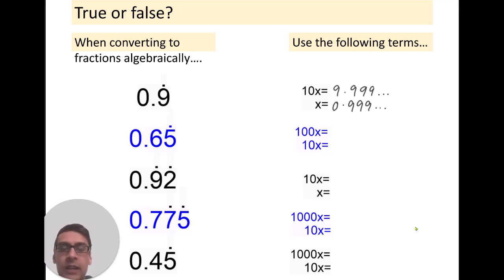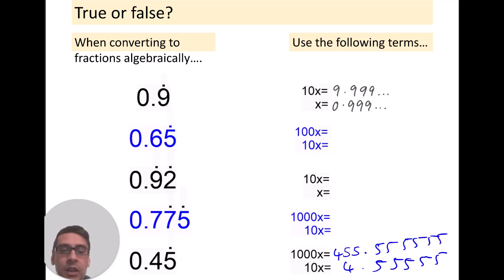So pause the video if you hadn't finished. I'm going to go through it now. So 10x would be 4.5 recurring, and 1000x would be 455.55 recurring. So in this case, yes, we can.